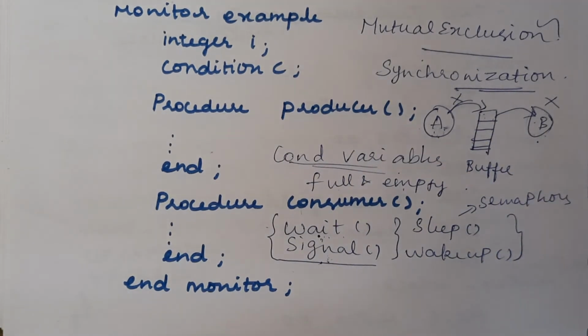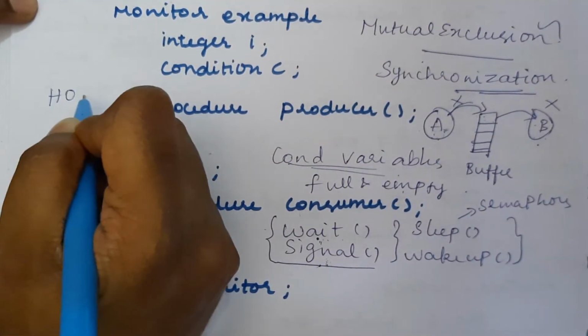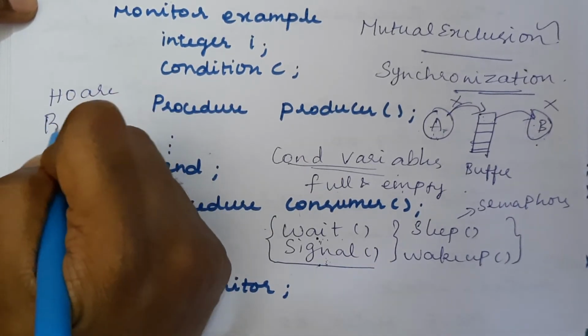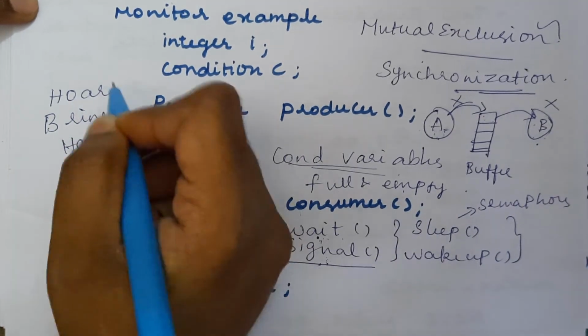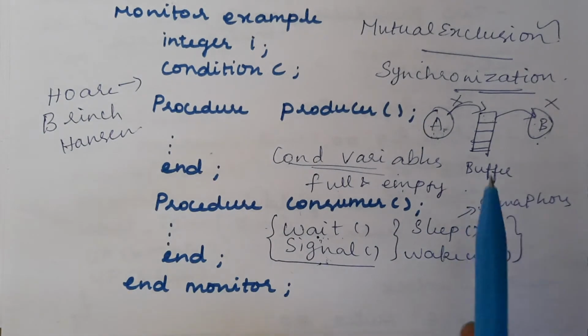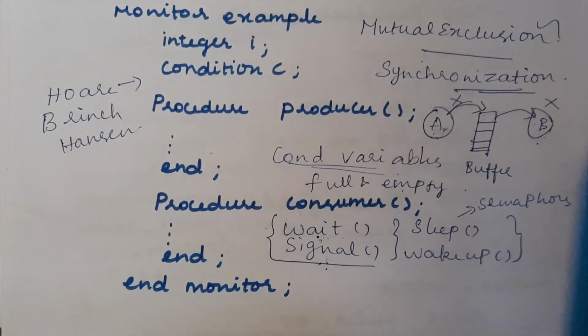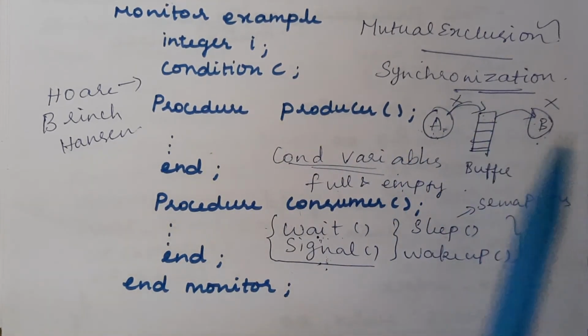This is one way. Two persons proposed the monitor: Hoare and Brinch Hansen. Hoare proposed that the process calling the signal operation must be blocked automatically, and the other process will resume and perform its own task.